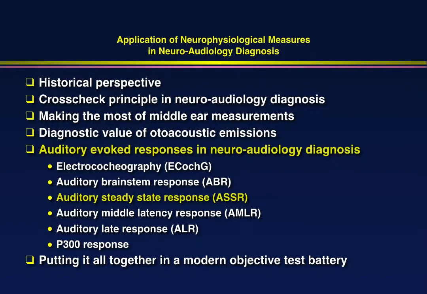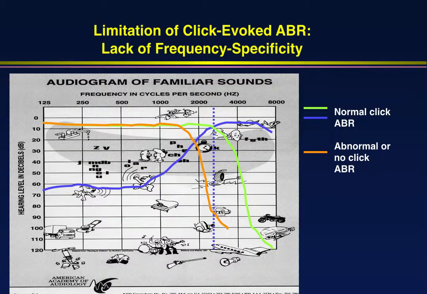At the end of the last section, I introduced the ASSR, and that's where we'll pick up. Of course, we need to have frequency-specific information to manage children with hearing aids or to determine that they need a cochlear implant.